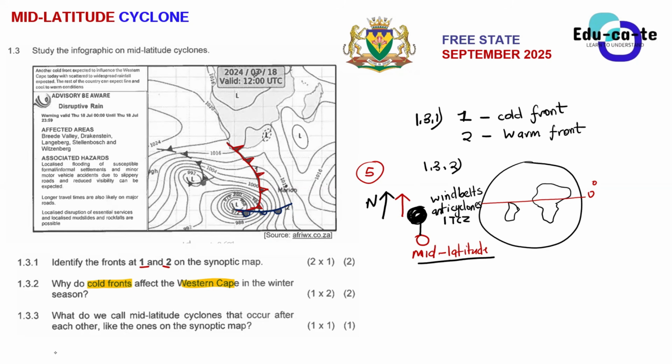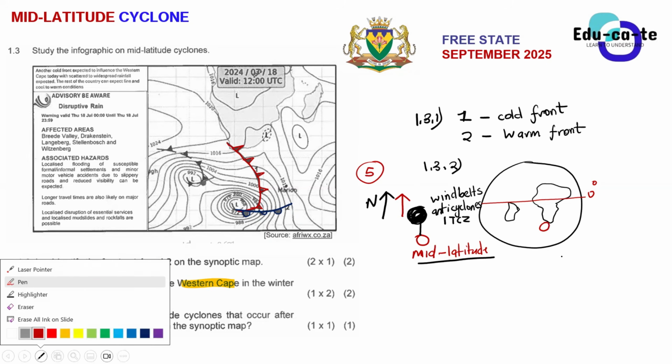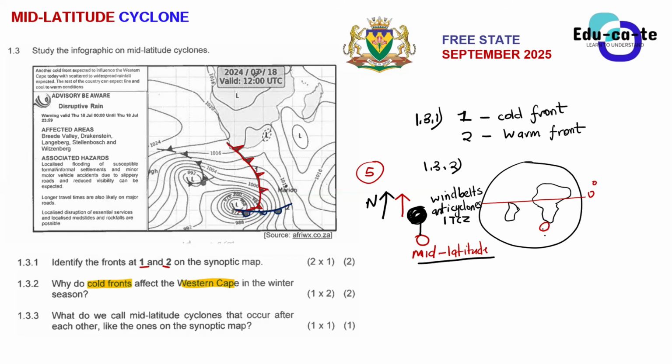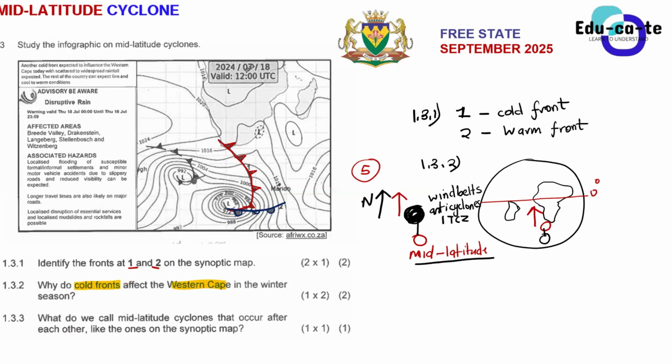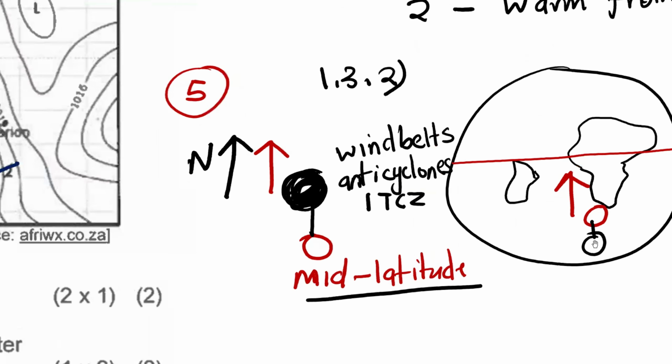So let's just say this is an anticyclone, it is here. And then we have a mid-latitude cyclone that is attached to it. So when the anticyclone moves northwards, or upwards in this diagram, what will happen to this ball, which is the mid-latitude cyclone? It will also move northwards, right? Isn't it, guys? Using a simple sketch.